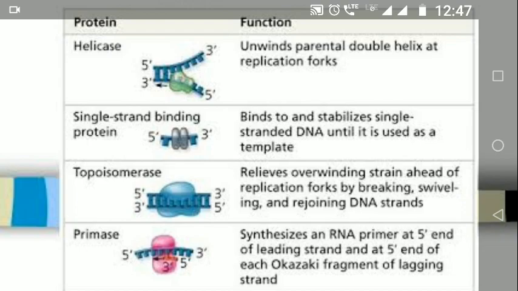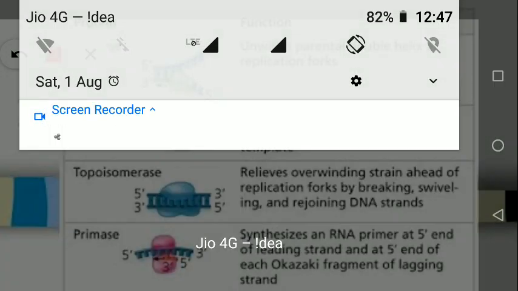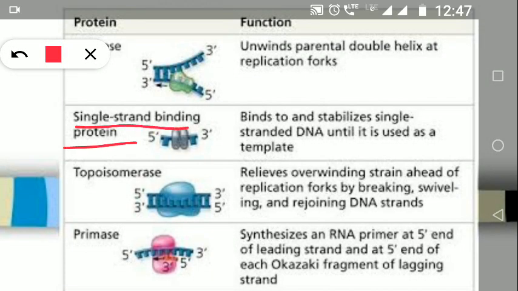It requires another protein called single stranded binding protein, also known as SSB. These single stranded binding proteins bind to the separated single strands and stabilize them, and they prevent reassociation of the single strands.